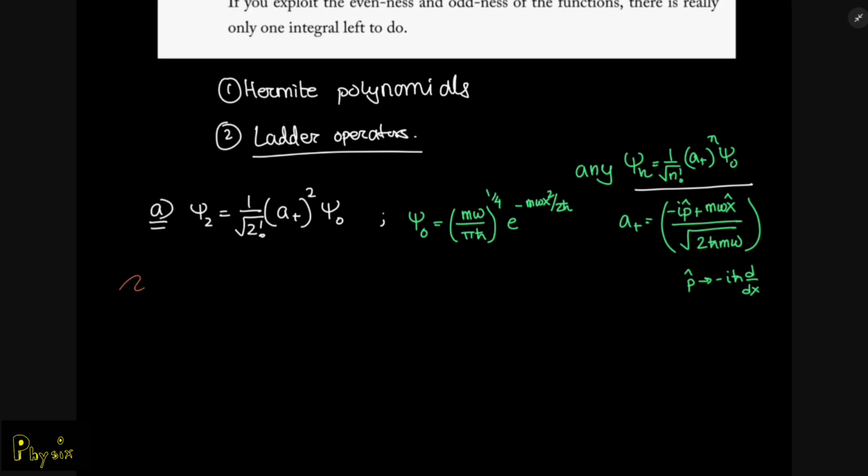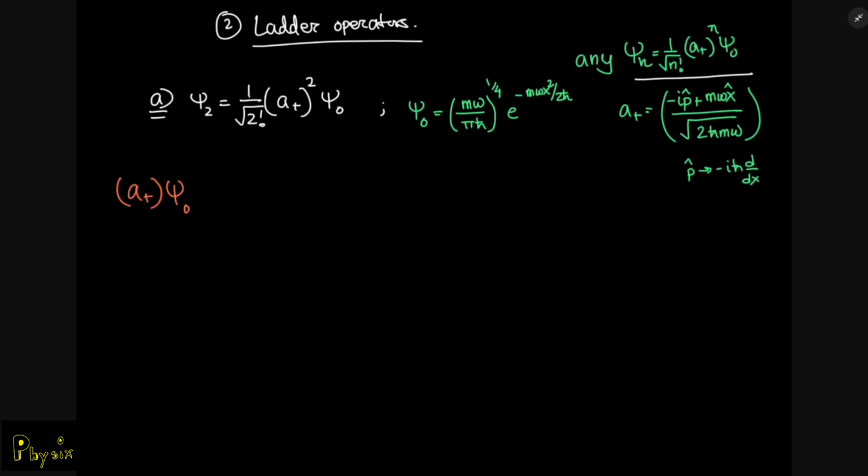So let's do a plus on psi of 0, and then we will proceed to do a plus on a plus psi of 0, which is basically a plus squared on psi of 0. This is our second step, but our first step would be to do a plus on psi of 0.